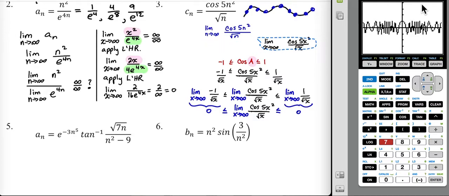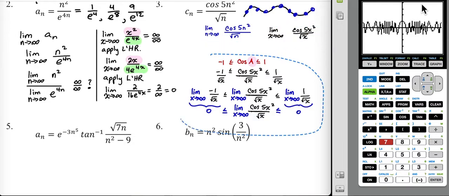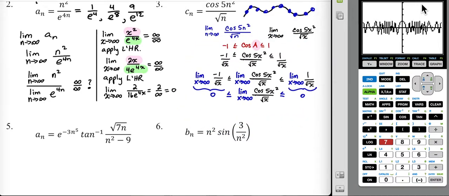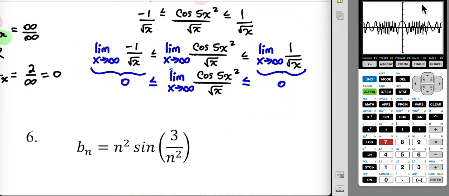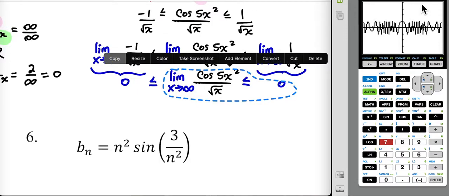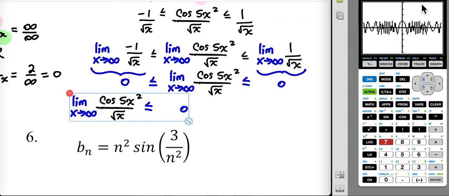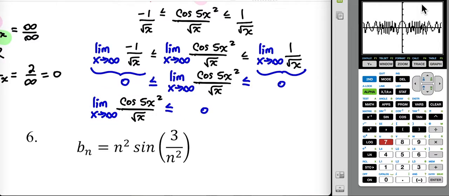All right, so I'm just going to move some things around, create some more space, because I never give myself enough room. So this has to be equal to 0. If the function is going to 0, then all of the points along the sequence would have to be going to 0 as well.